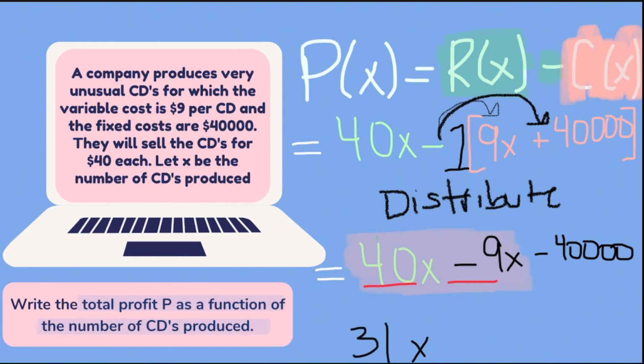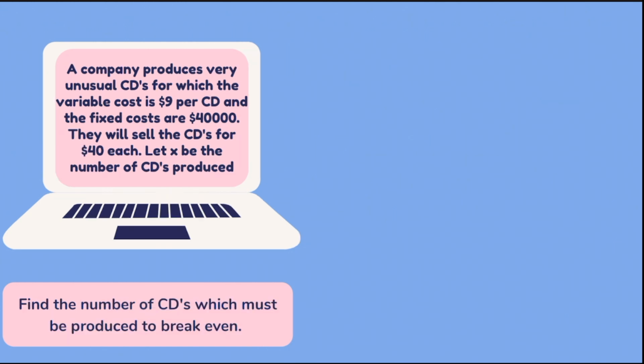So our new coefficient is 31x. Well, our new coefficient is 31, but yeah, you get me. We bring down what didn't get touched, our minus 40,000, and that is our profit function.